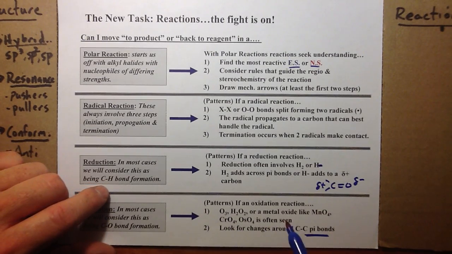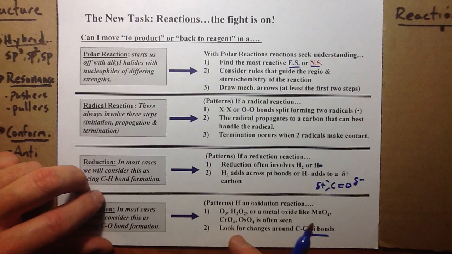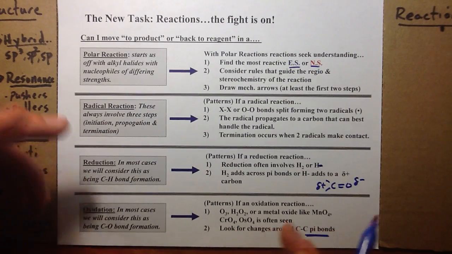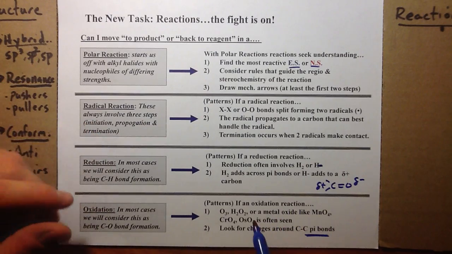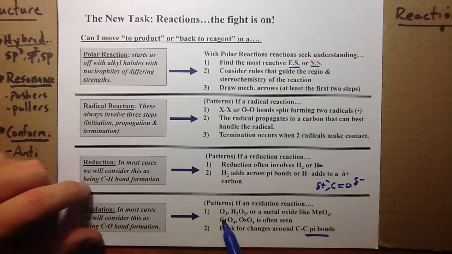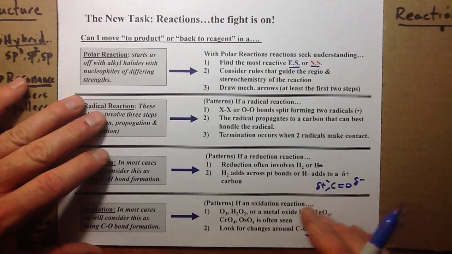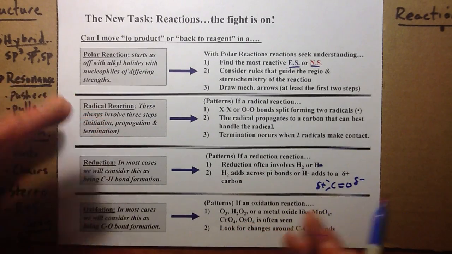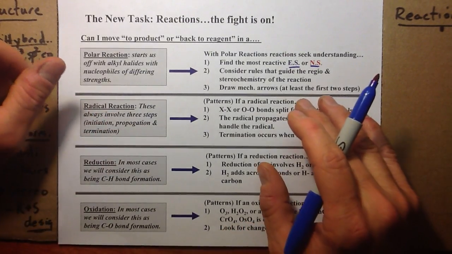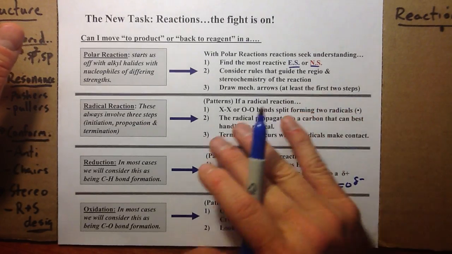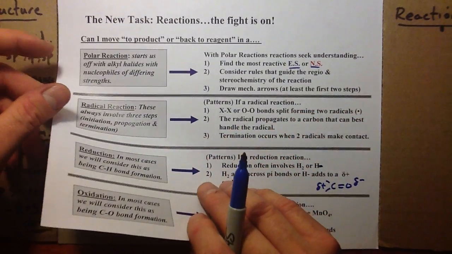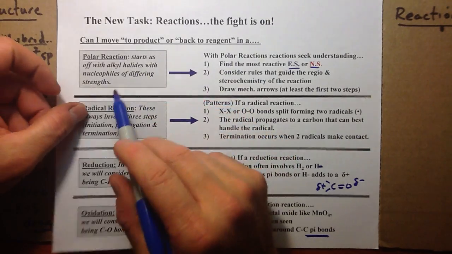We're, in a sense, delivering the oxygens through chromium oxide, osmium tetraoxide, manganese oxide. Periodic acid is another one that has a lot of oxygens off of an iodine. Ozone and hydrogen peroxide. If you see a lot of oxygens, just start thinking, oh, I may have an oxidation reaction.